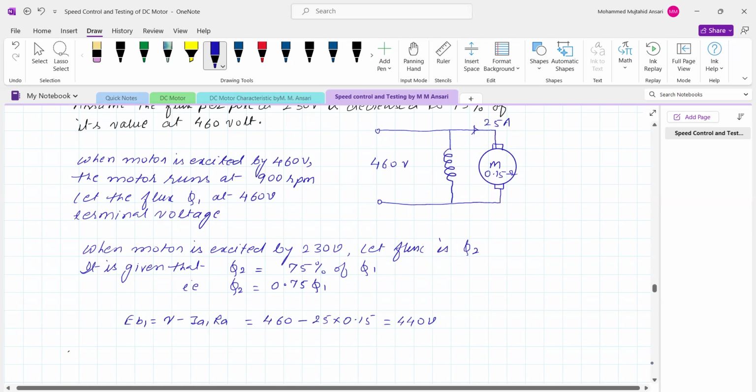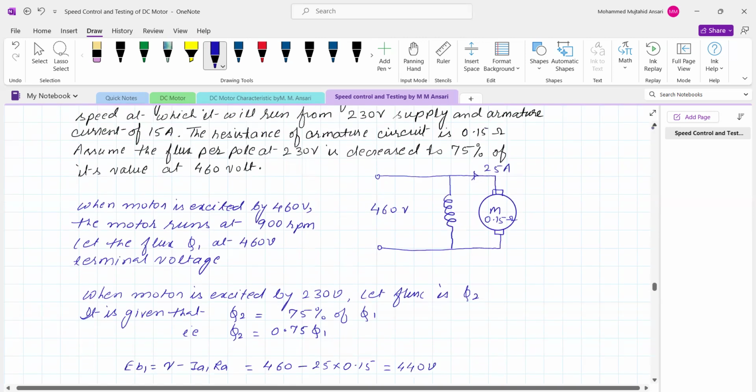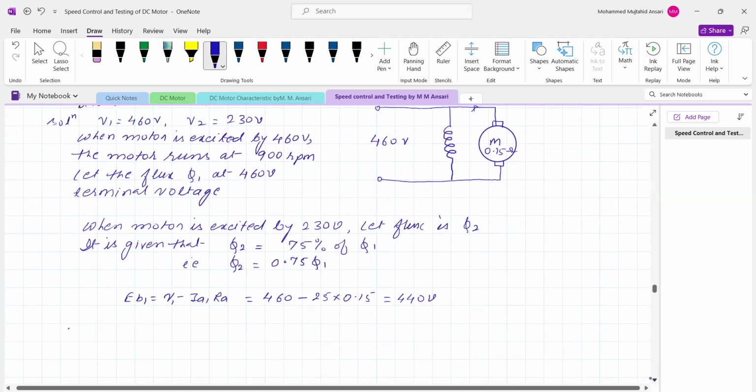So for simplicity, V1 is equal to 460 volt and V2 is equal to 230 volt. So this is EB1 is equal to V1 minus IA1 RA.